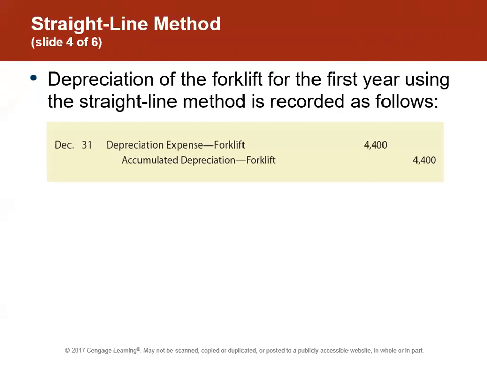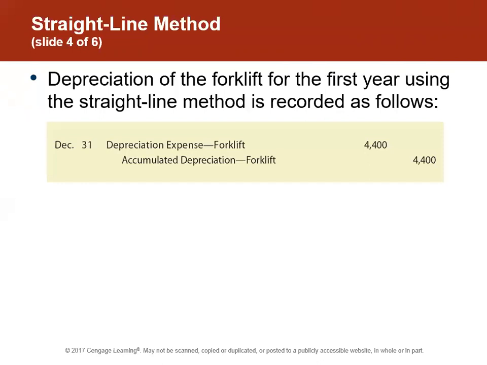When we recognize depreciation, we're going to put it in that accumulated depreciation account. So accumulated depreciation is a contra asset account, so it increases on the credit or the opposite side of an asset. So every year we'll depreciate that, and we'll put it as a credit into accumulated depreciation.